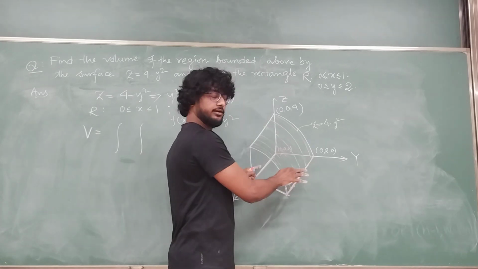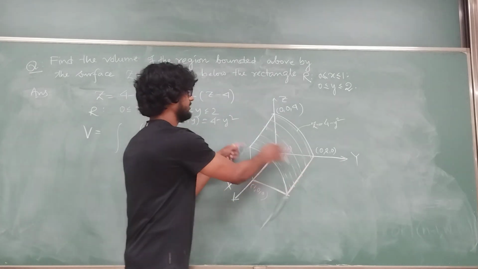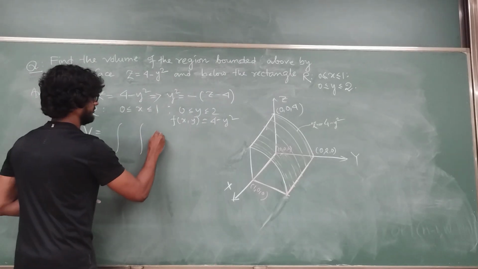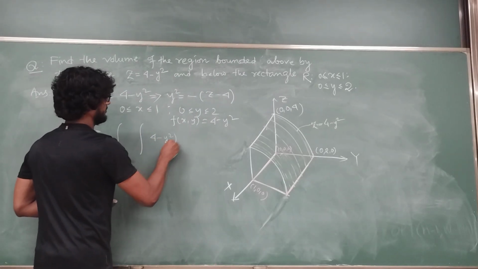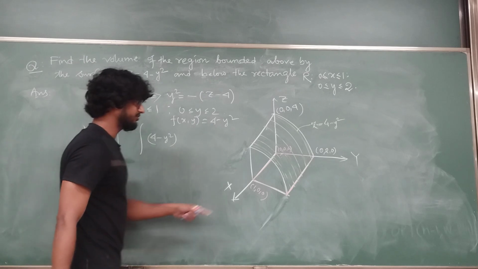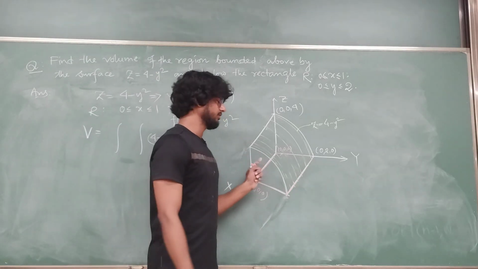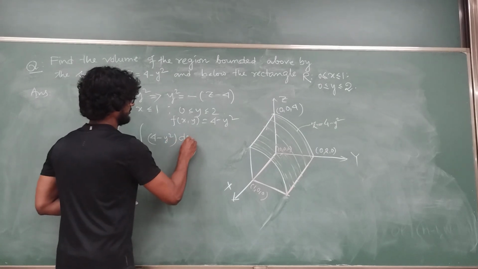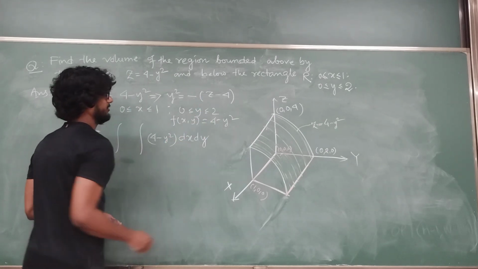Now we'll integrate this function over this region R, so we get 4 minus y square. As it is a rectangle, you can choose any order of limits, y first or x first; nothing will change here. So we are choosing x first.